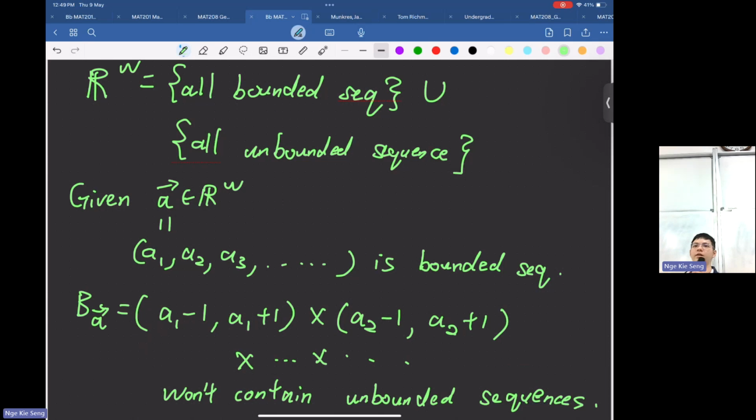Similarly the other way around: if you are an unbounded sequence and you form this ball, then this ball won't contain bounded sequences. Makes sense? What is a bounded sequence? Bounded above and bounded below. Try and show this. If you have problems seeing this, we can discuss next time.